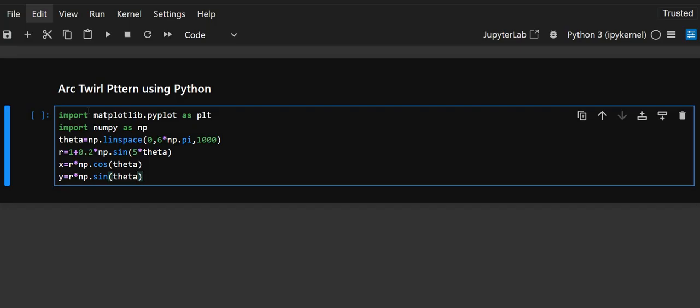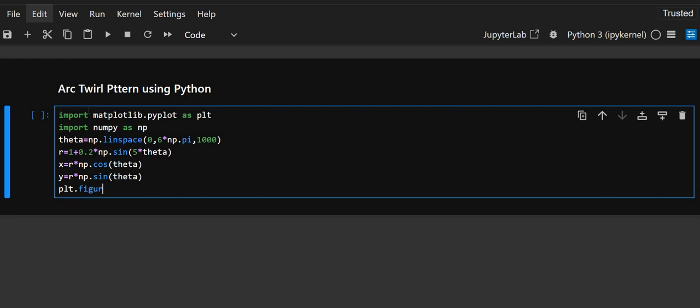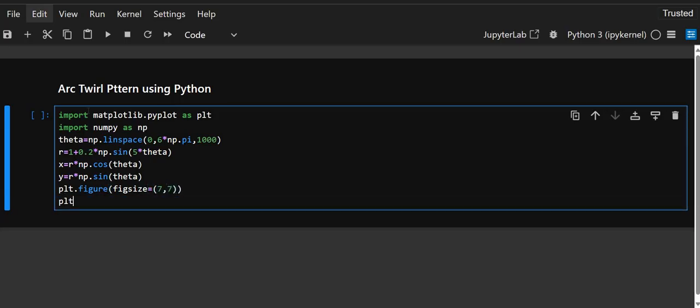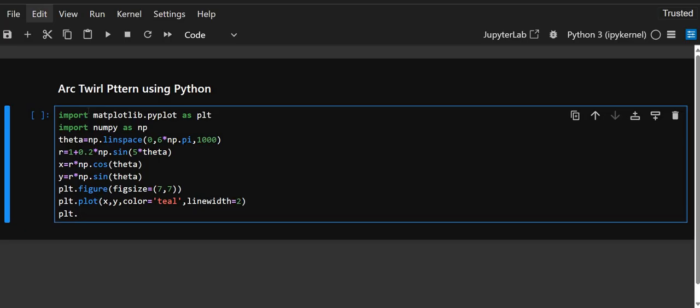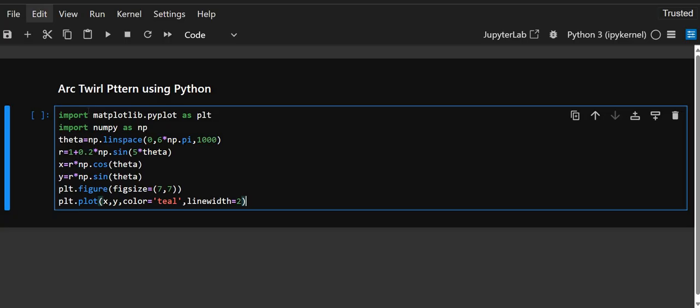And now we'll create the plot. So here plt.figure with figsize 7 by 7.